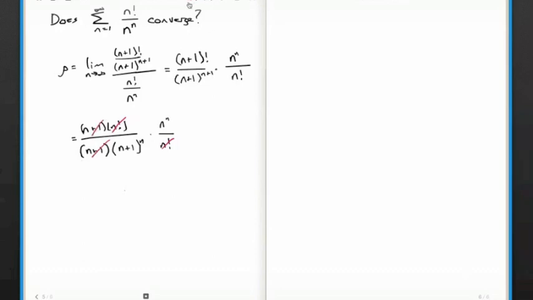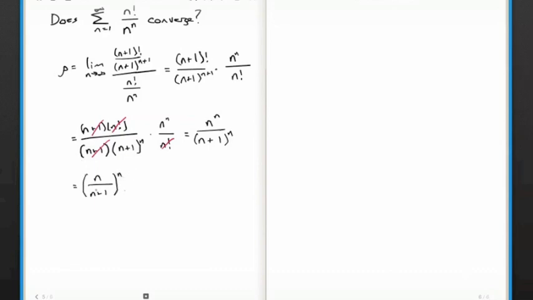So now what do we have? We're left with n over n plus 1. This is to the n up here, and this is to the n down here, so that equals n over n plus 1 all to the n.